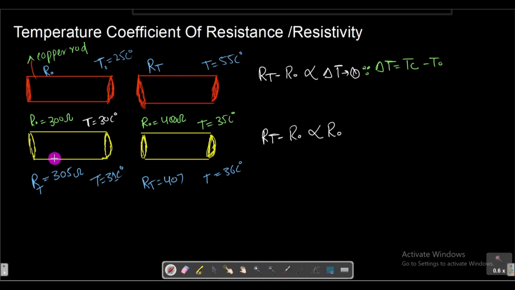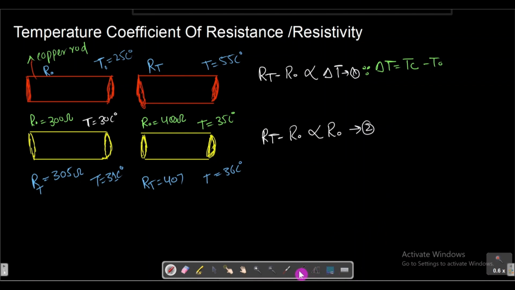So this rod initially has less resistance, therefore the increase in its resistance is less as compared to this rod. So from here I conclude this. Let's call this equation 2. So combine equation 1 and 2.